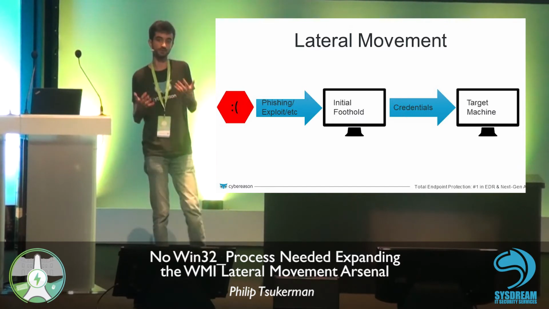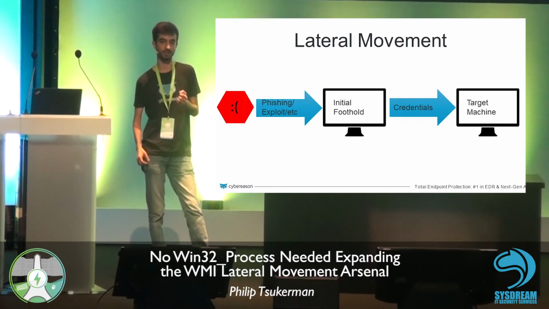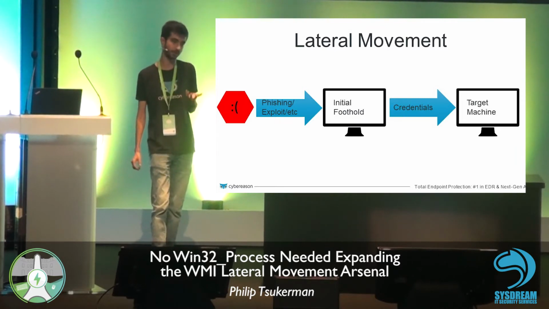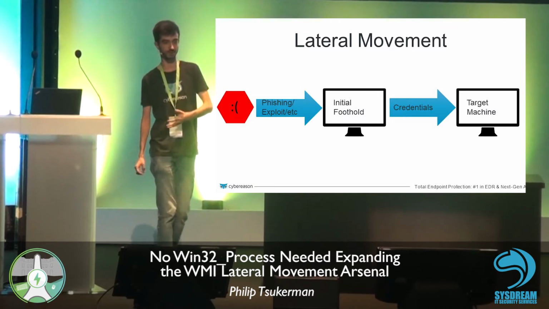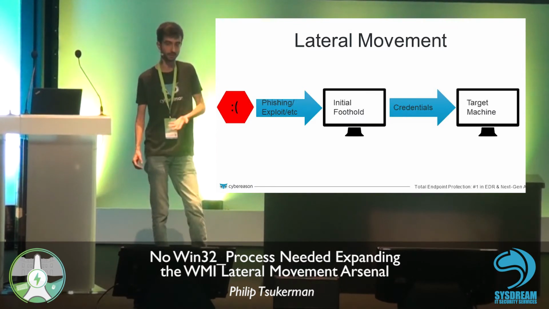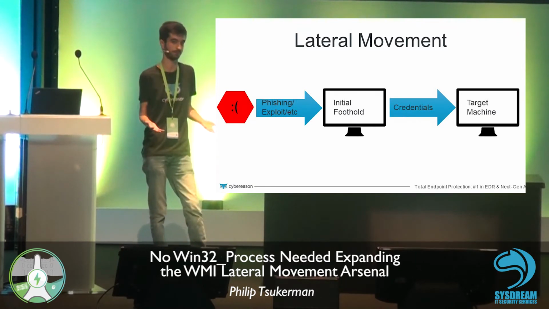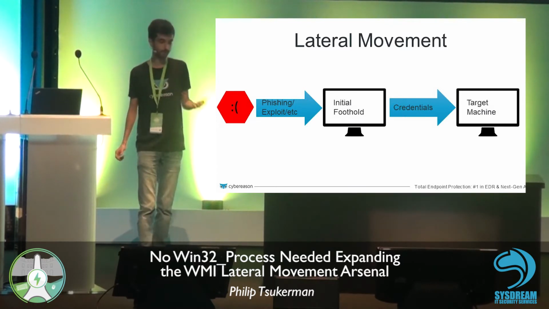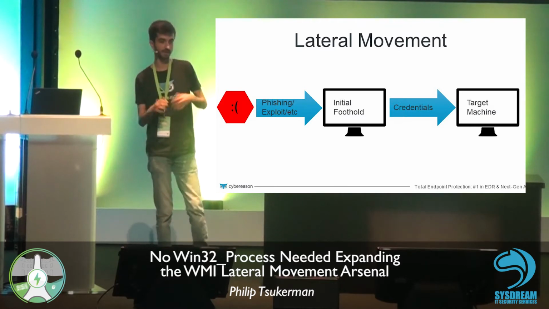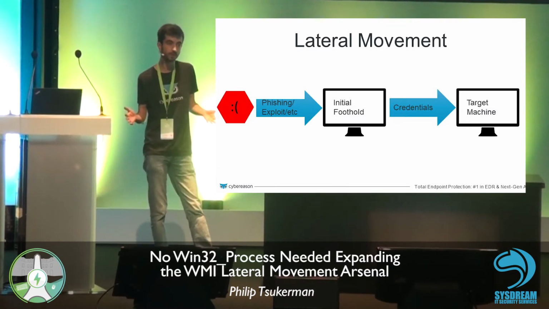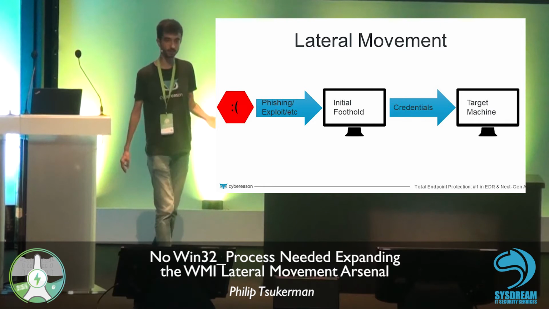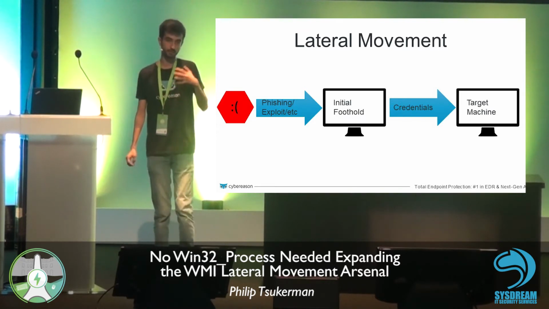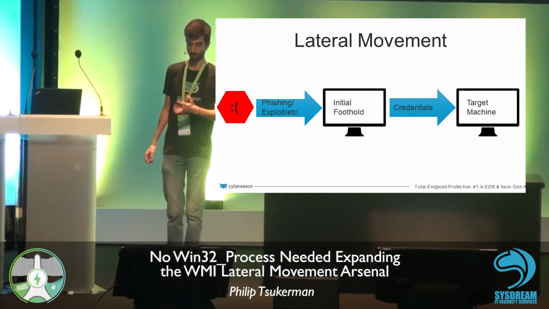Now, you want to use these credentials to move to a machine which is a bit more interesting to you, which contains maybe other higher privilege credentials, or it contains the actual information you want to steal, or show you can steal if you're just a red teamer and not an evil attacker. Now, of course, the scope of lateral movement has been expanded by stuff like Eternal Blue, but we won't be talking about exploits here. We're going to talk about using stolen credentials to achieve remote execution.